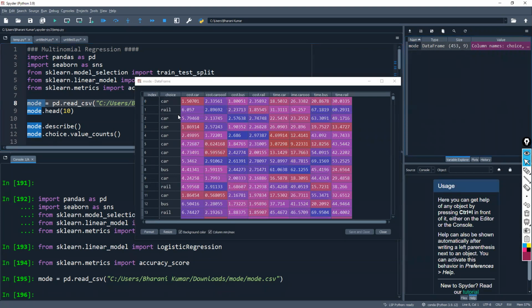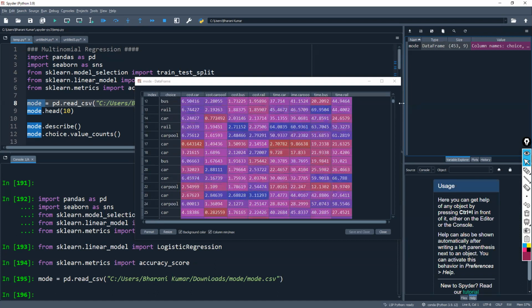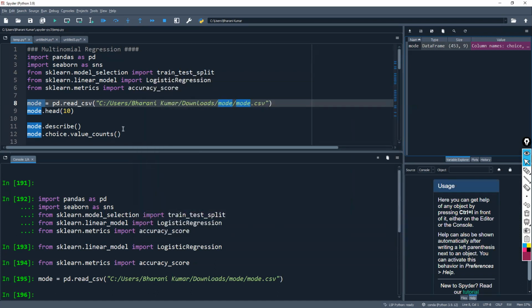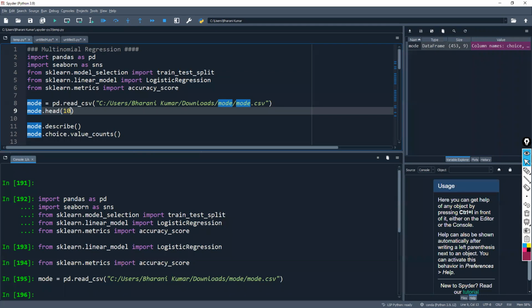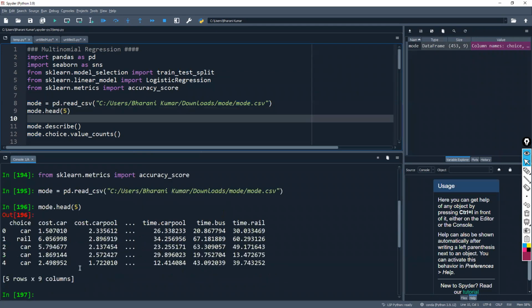Out of these 9 columns, column number 1 is choice. When it comes to choice, you have car, rail, bus, carpool, etc. If you say head of 5, for instance, you get to see the first 5 rows of the dataset, just to have a glance at the various columns which exist.